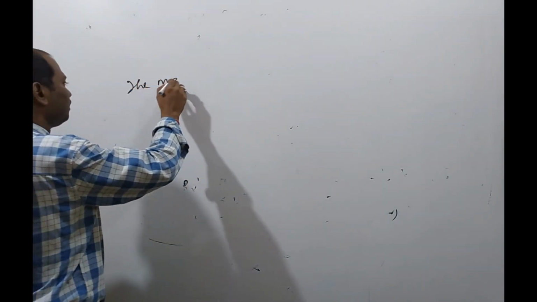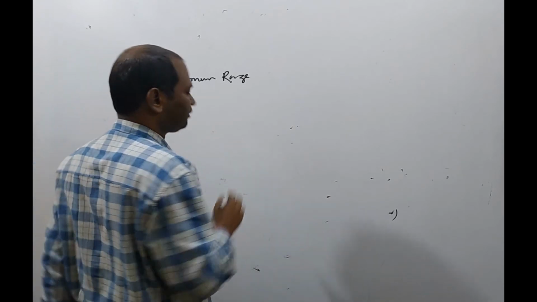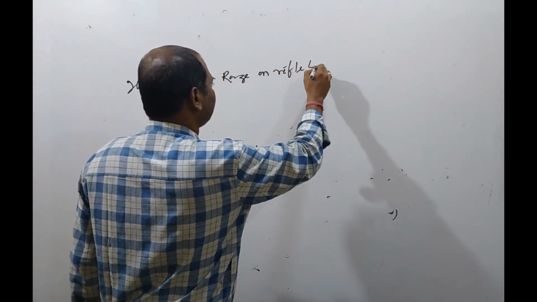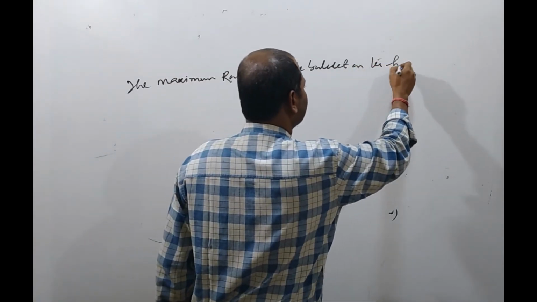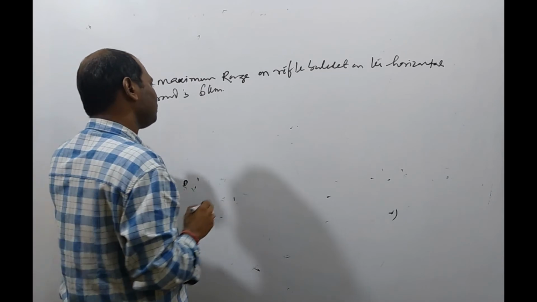The maximum range of a rifle bullet on the horizontal ground is 6 km. Find its maximum range on the incline.